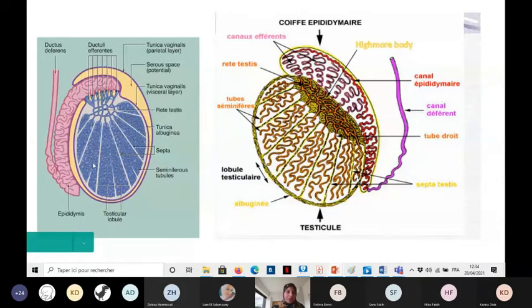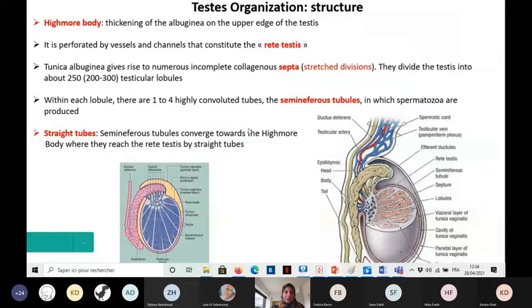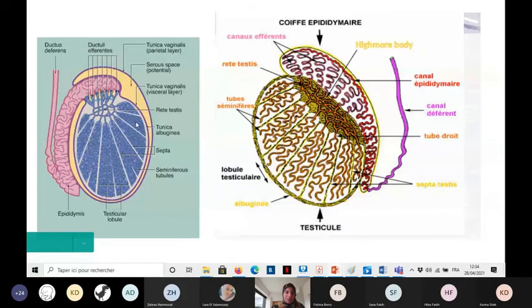Here you can see one lobule of the testis. This is one lobule, this is another lobule, this is another lobule. In each lobule we can find 1 to 4 seminiferous tubules, and the tubules are very convoluted inside of those lobules.